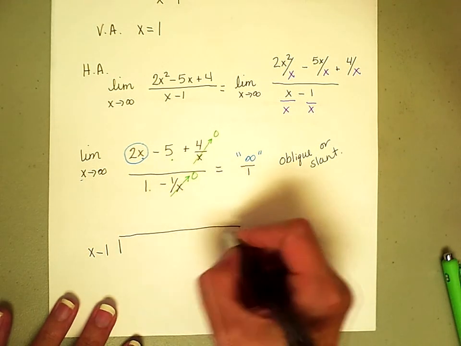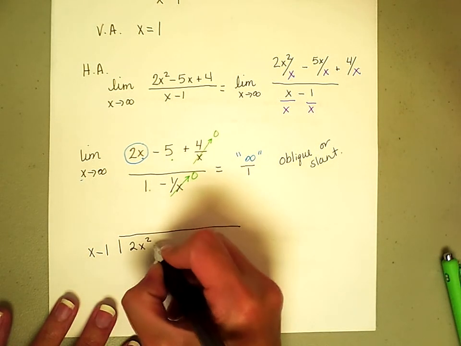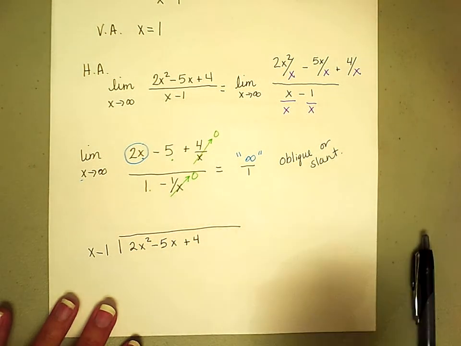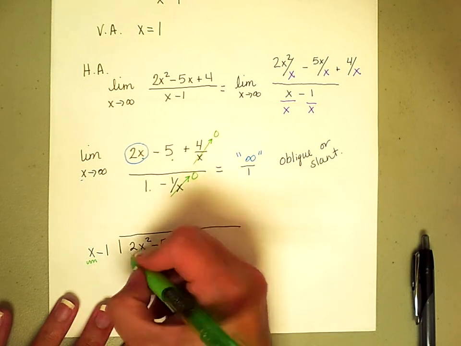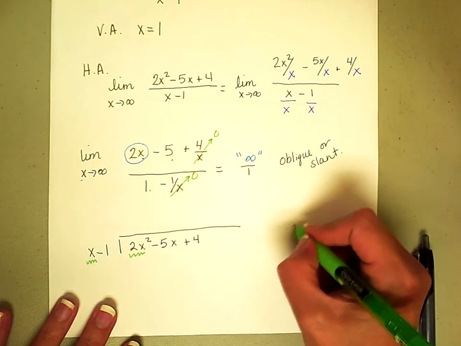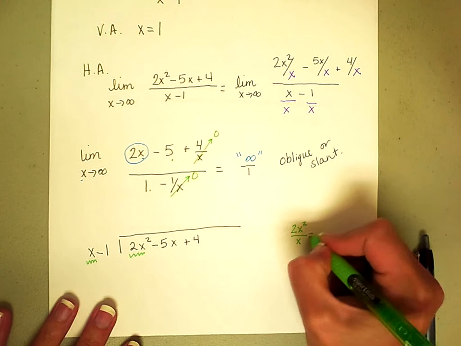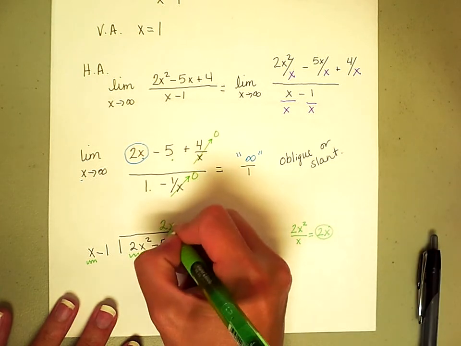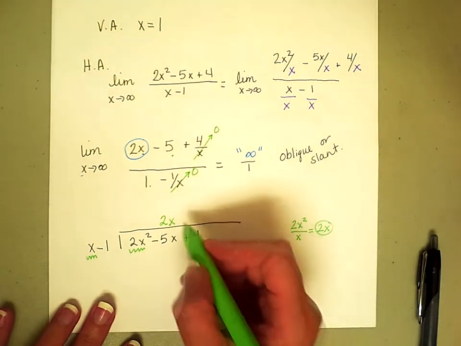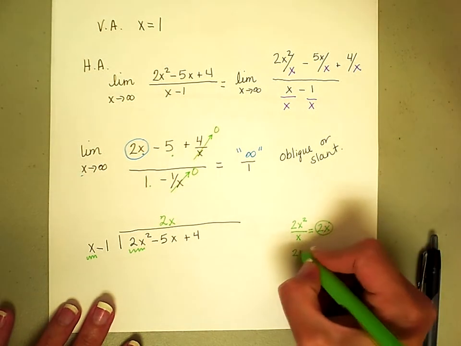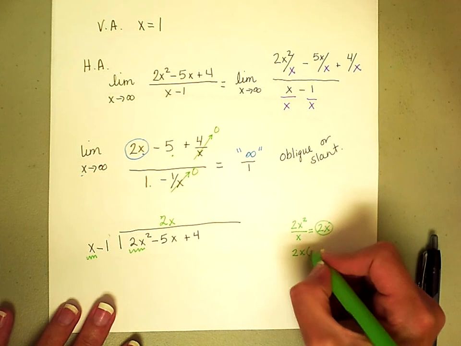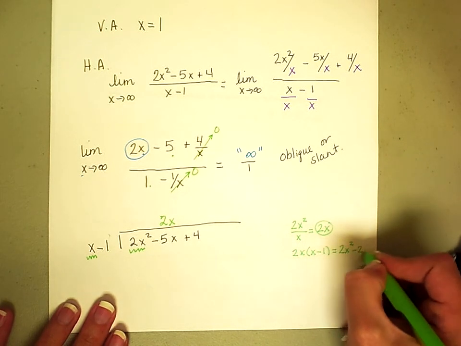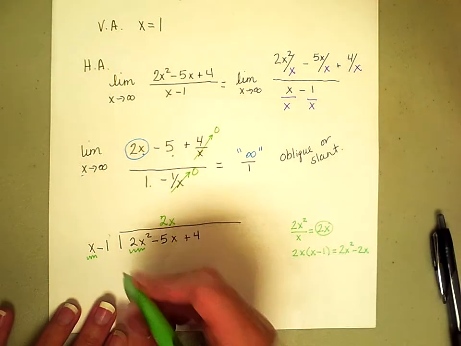So x minus 1 goes into 2x squared minus 5x plus 4. To do the long division, we ask how many times does x go into 2x squared. Doing the reduction, that's 2x times. So 2x. Then we take our 2x and multiply it by everything out here, which is equal to 2x squared minus 2x.